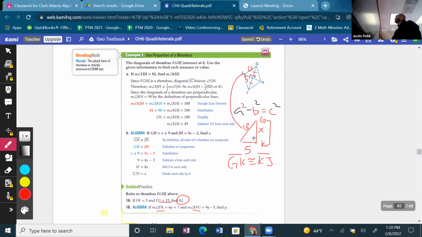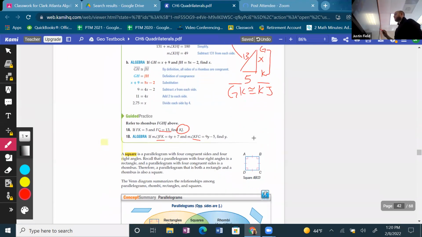And then also this one right here, JFK and KFG. Let's find those angles in the picture. Angle JFK is that, and KFG is right there. Well, we know from the theorem we just looked at that they are congruent. So angle JFK is congruent to angle KFG.